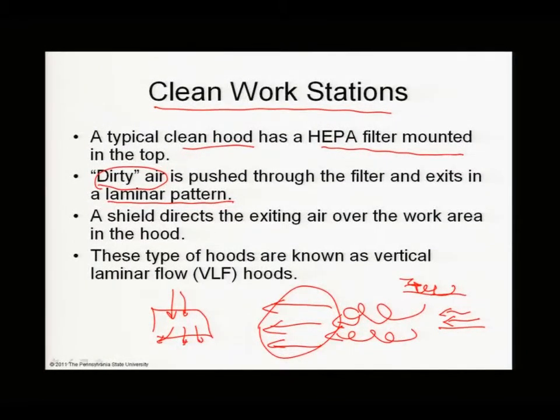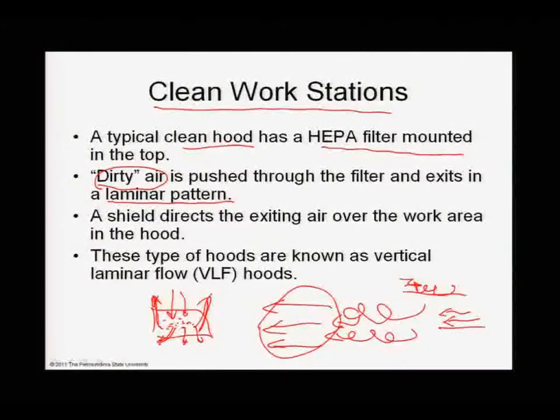Now one has to be careful to avoid mixing. One has to be careful that if you're working with nanoparticles, for example, in here, the nanoparticles don't come out. You actually want to make sure that there's an exhaust system so that the exhaust doesn't come out.